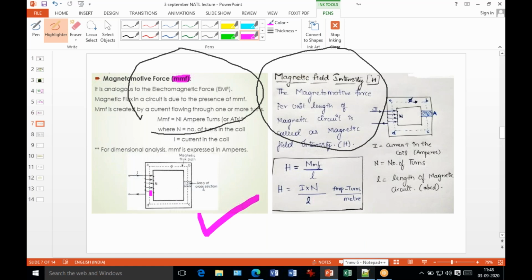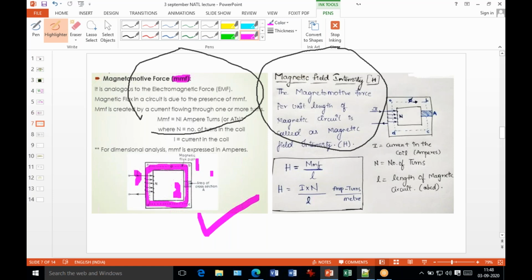If you apply some current, then of course flux is generated inside the core. Please remember this point. The flux is available in between the core, in the outer core and the inner core.